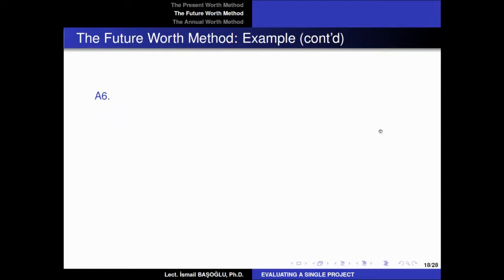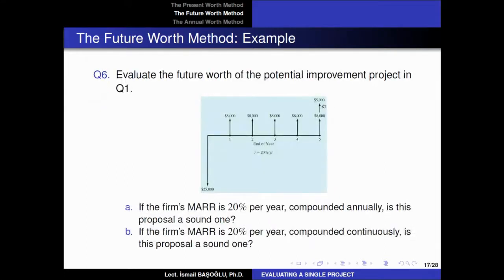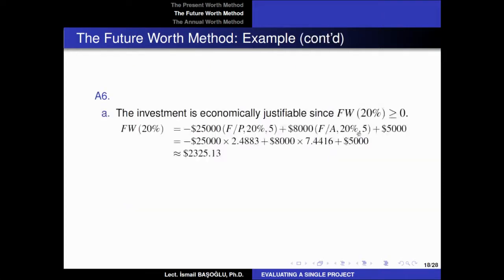Finally, the salvage value of this equipment is $5,000. Because this cash flow is going to occur at the end of year 5, we do not need to touch that. We are just going to leave it as it is.